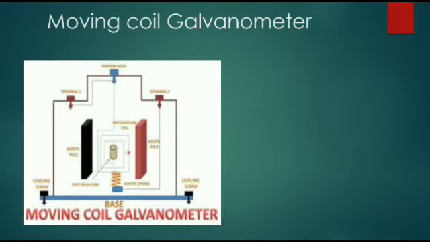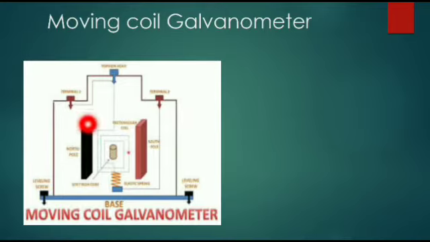Yes, so this is the moving coil galvanometer diagram. This is the leveling screw, this is the leveling screw, this is the bottom, that is the base, and this is the screw, and this is the top screw, right? So this is the magnet, this one and this one.